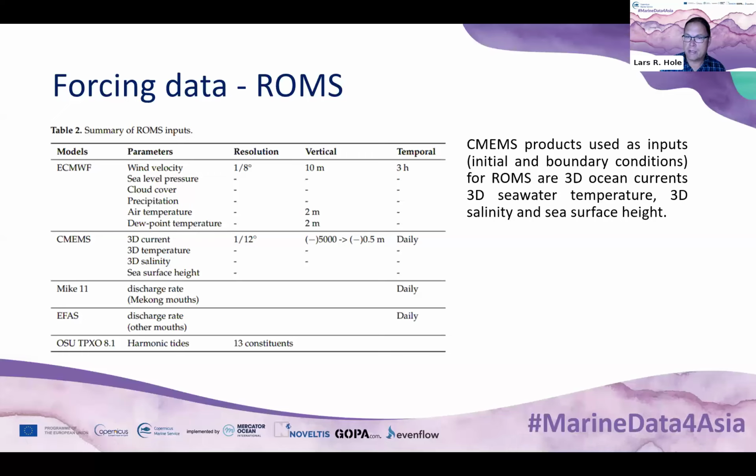And here's a summary of the forcing data. We also got good data on the discharge rates from the rivers, which was also essential in this study. So you can also read more details about the forcing data in our paper.